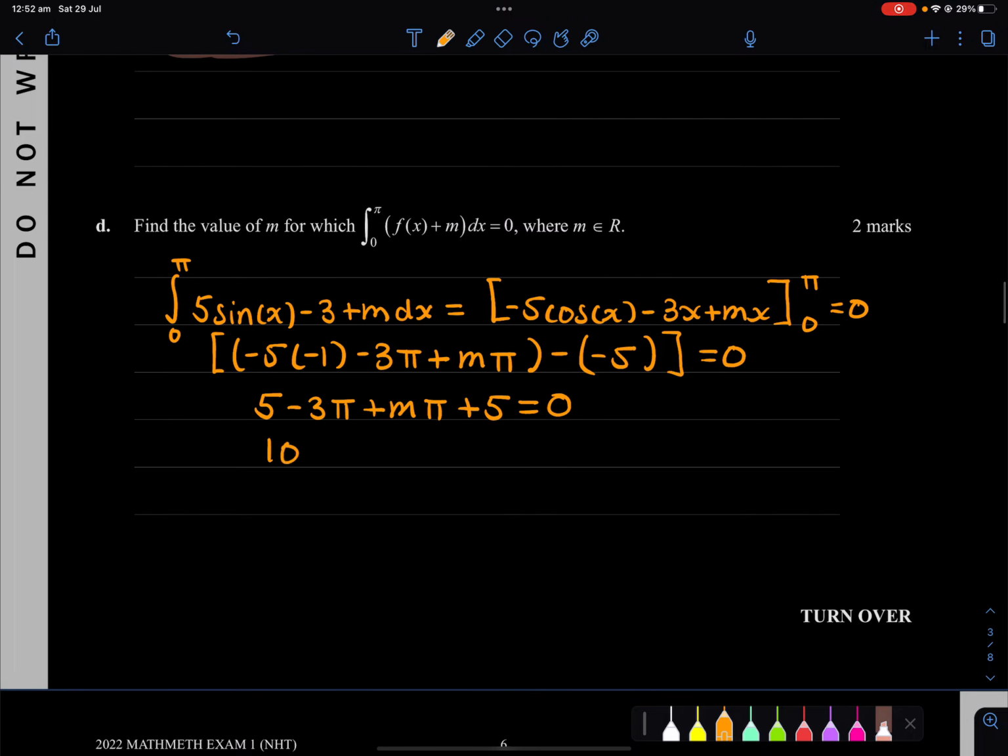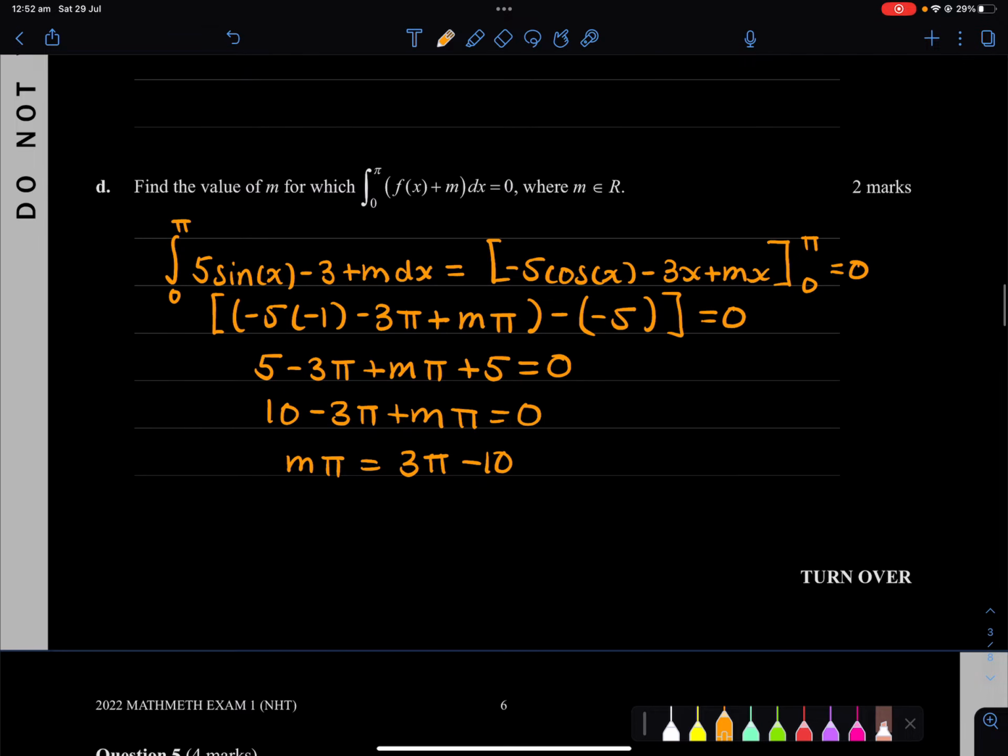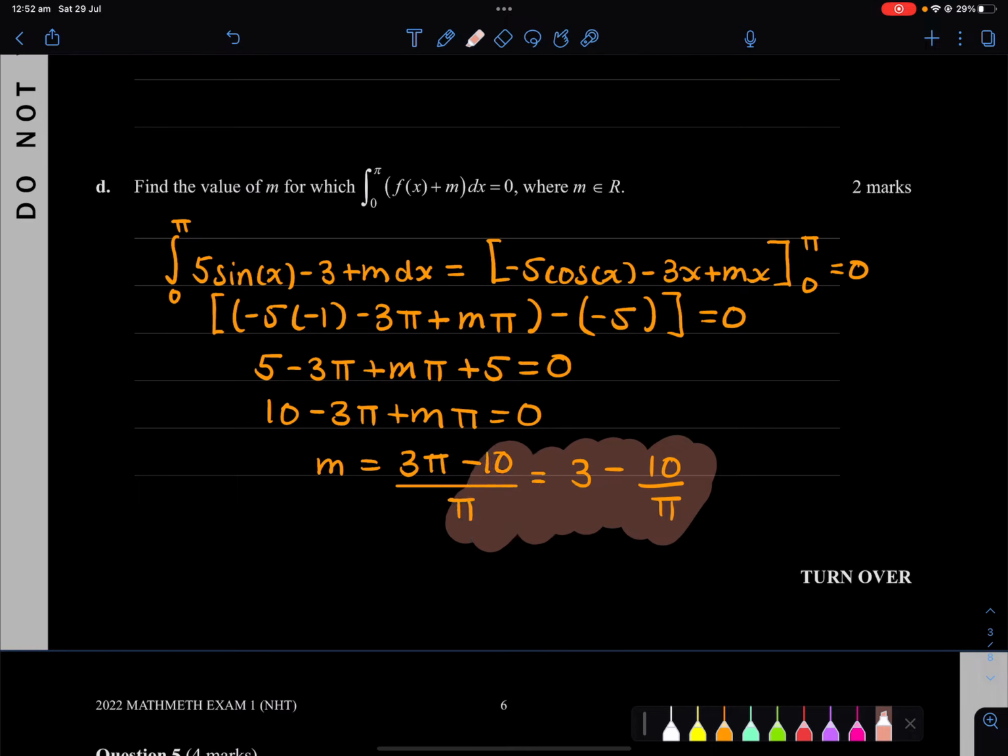So 10 minus 3 pi plus m pi equals 0. We can say that m pi is 3 pi minus 10. Dividing both sides by pi, we get this as your solution, and it can be simplified more as 3 minus 10 over pi. Alright, that's that for that.